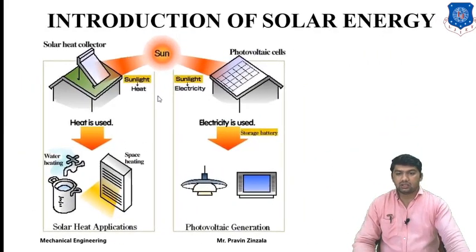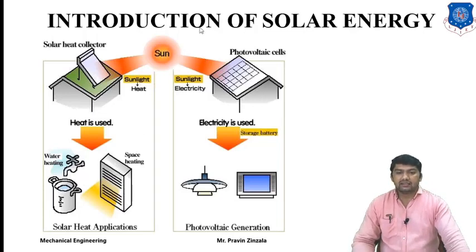There are also two types of application. We can convert solar energy into heat by using solar collectors, and utilize it for space heating, water heating, space cooling, solar refrigeration, and air conditioning systems.